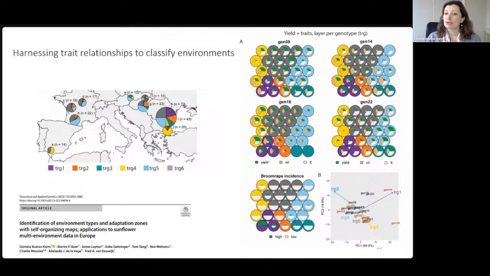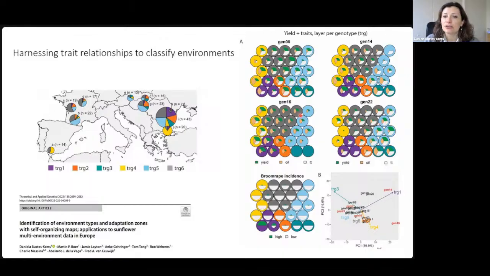But in contrast, genotype 22 has very low values for yield and oil, especially in these gray environments. We have a low radius here, and in the green and blue environments, we have high values for yield, for example. So we see one first pattern: poorly adapted to the gray and yellow, well adapted to the blue.